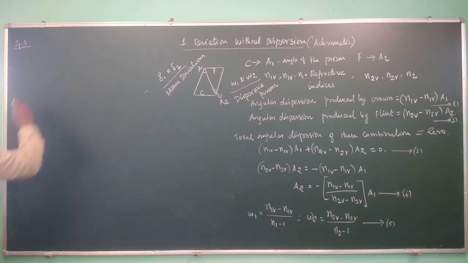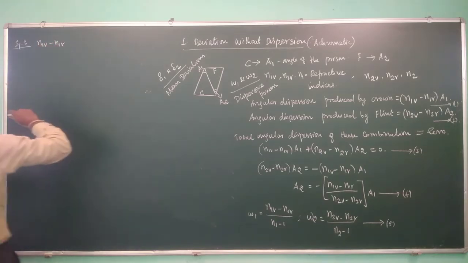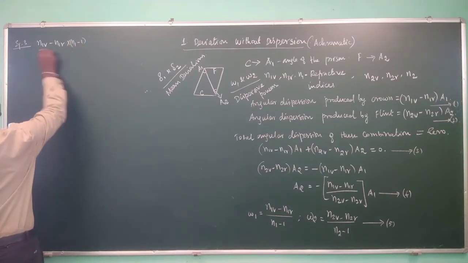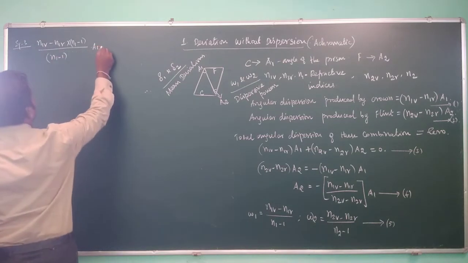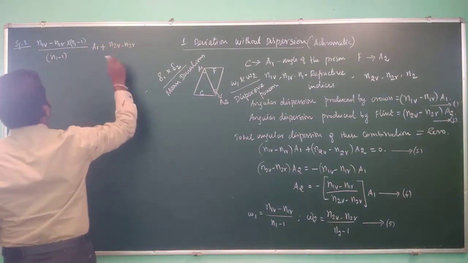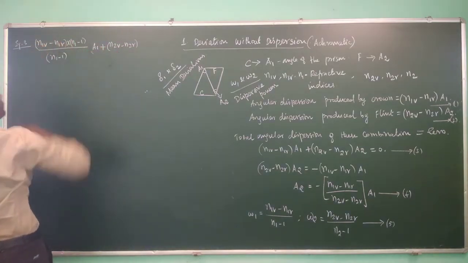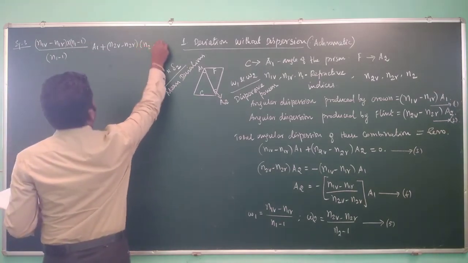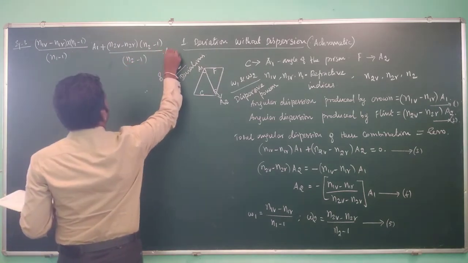where we have N1V minus N1R, let us multiply this with N1 minus 1 on numerator and denominator into A1, plus N2V minus N2R by N2 minus 1 into A2.